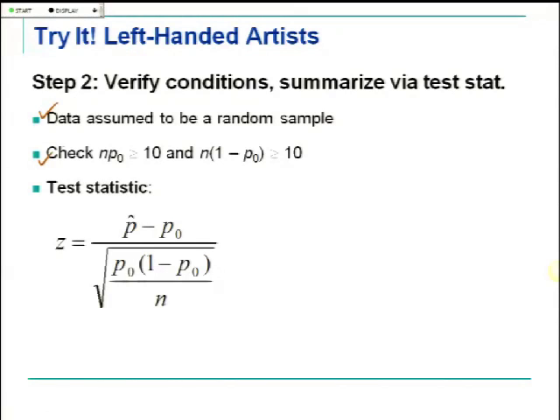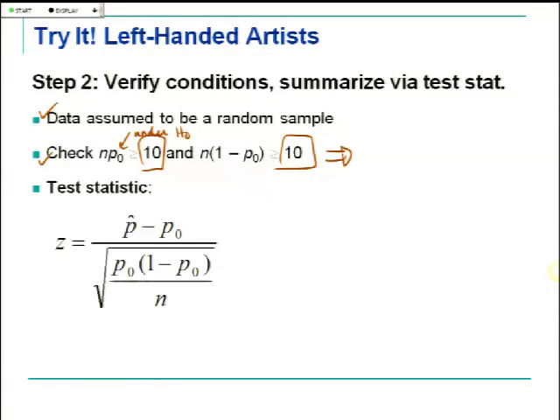The other check is that at least 10 rule. At least 10 yeses and at least 10 nos. But here I have to check it with P naught and not P hat. The at least 10 rule is checked under H naught. Would you expect at least 10 left-handed people and at least 10 right-handed people? This is under H naught.